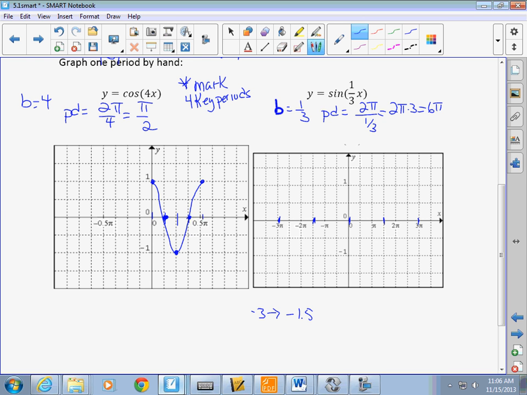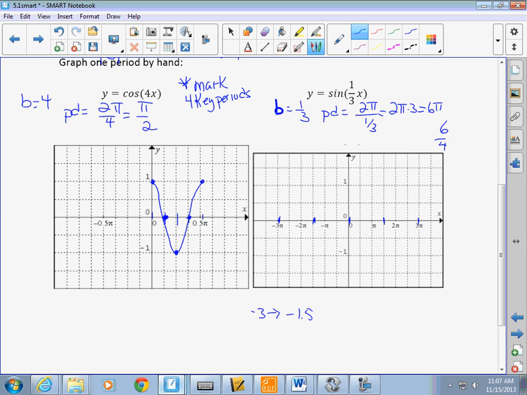So this half is like 3 pi over 2. That's all I did. I took my 6 that I went, I needed to divide it into 4, because 6 divided by 4 is 1.5, so I have to take 1.5 off every time when I'm moving.